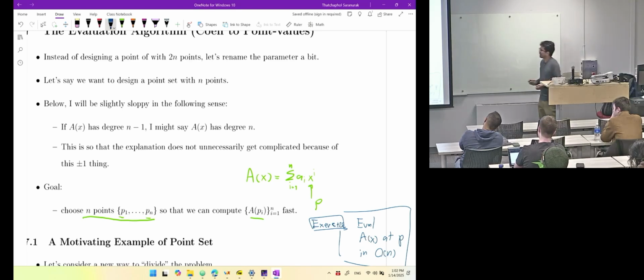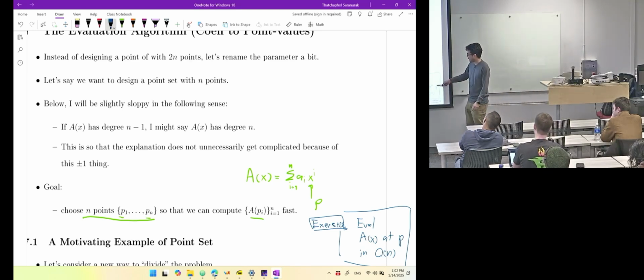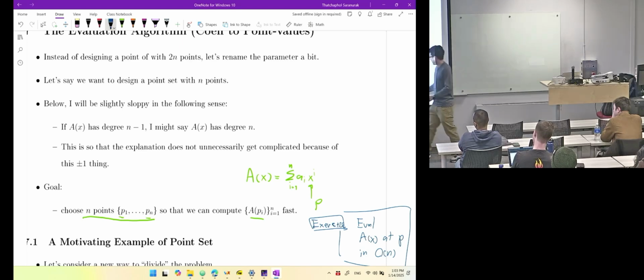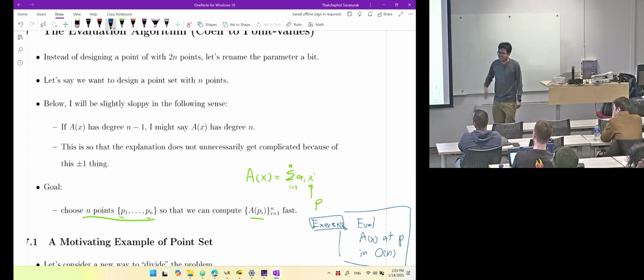If you are clever, then you can get n for just one point. But here we're gonna design n many points and try to do this in n log n time. One point takes n time. If you do it not carefully, you might take n squared to evaluate many points. But we're gonna see how to do everything in n log n. So it's gonna be really cool.